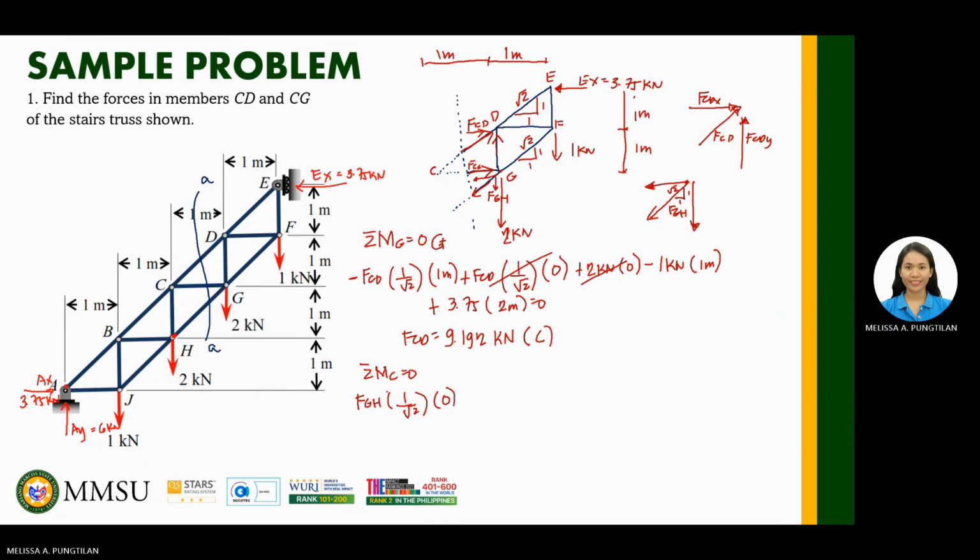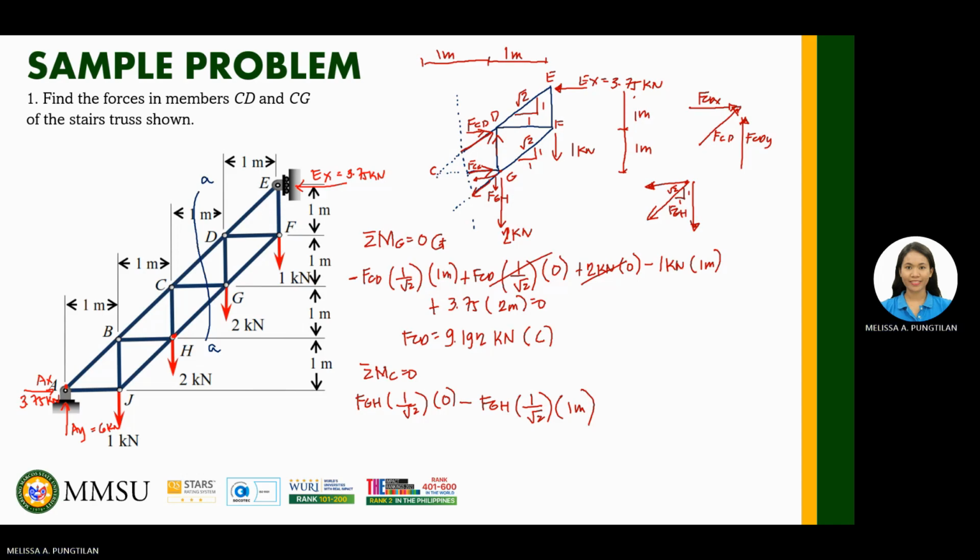FGH, x. Okay. Next, for the y component naman, minus, it will create a clockwise motion. Ito yung FGH, di ba? So, FGH multiplied by also 1 all over square root of 2. And then, the perpendicular distance of FGHY papunta sa C is 1 meter. Multiplied by 1 meter.